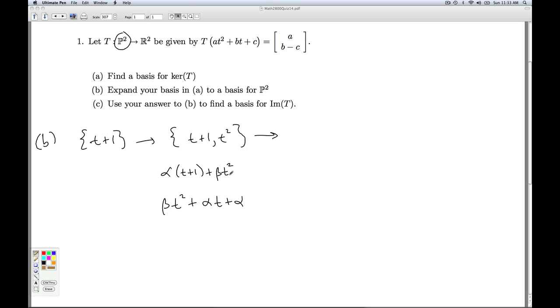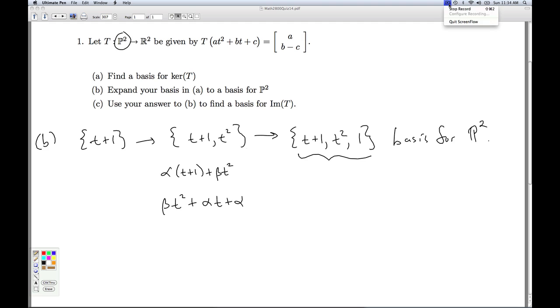And so if I just throw in the constant 1, 1 is not in the span of this. So that means that these are going to be all linearly independent. And since I have 3 of them, and the dimension of P2 is 3, I know that this is a basis for P2. So that'll do it for part B.